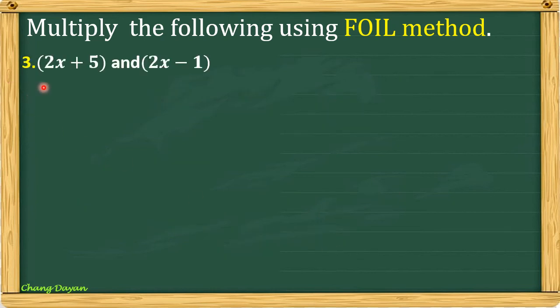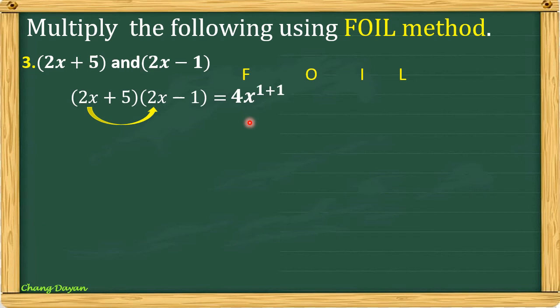Number 3, 2x plus 5 multiplied by 2x minus 1. Applying the FOIL method. 2x times 2x will get 4x raised to 1 plus 1. Next, multiply the outer terms. 2x times negative 1 will get negative 2x. For the inner term, 5 times 2x will get 10x.